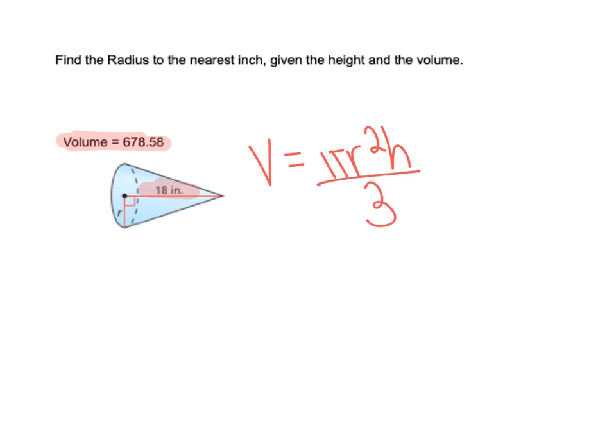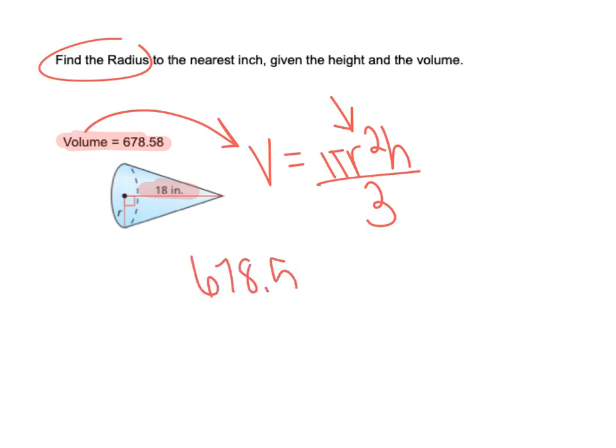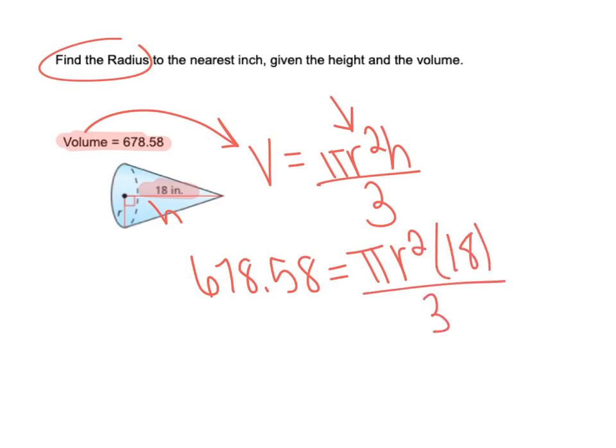It's saying find the radius, so we do not know what that is, but we do know the volume is 678.58. We do know the height is 18, so we can say pi r squared times 18 divided by 3.